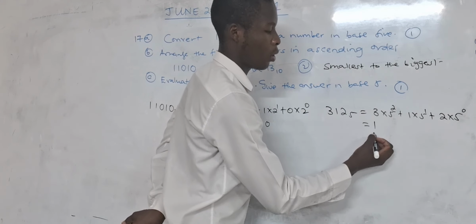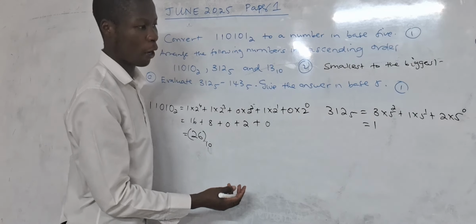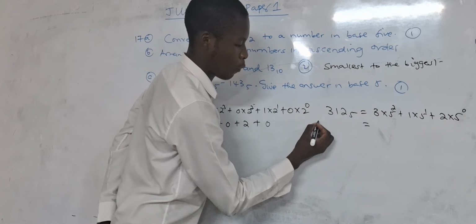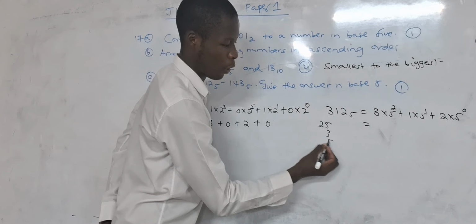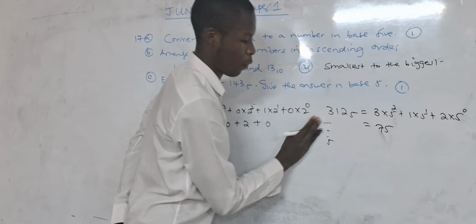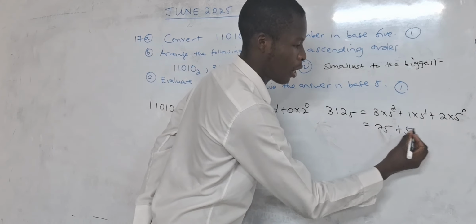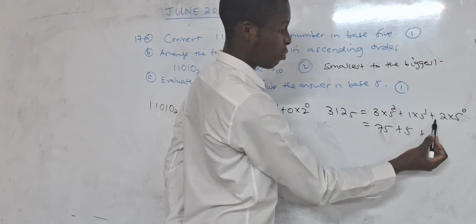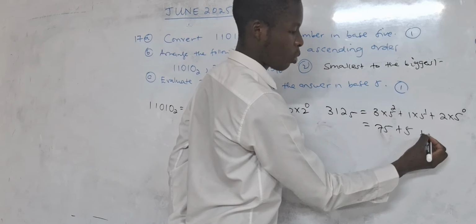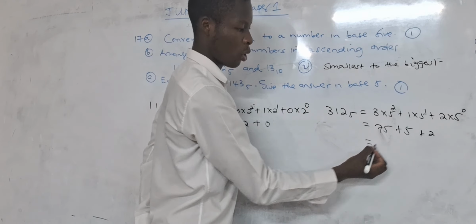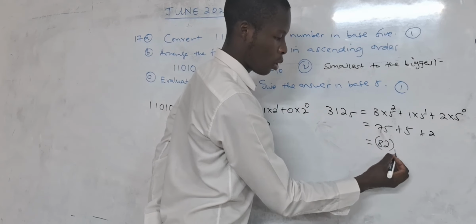This is 3 times 25, what is the answer? 75, right? I think 75. 25 by 3, 5, yes, 75. Here, plus 5, plus, what is this? 2 times 1, this is 2. So this is 82 base 10.